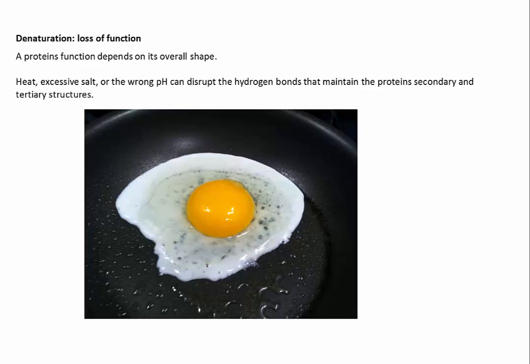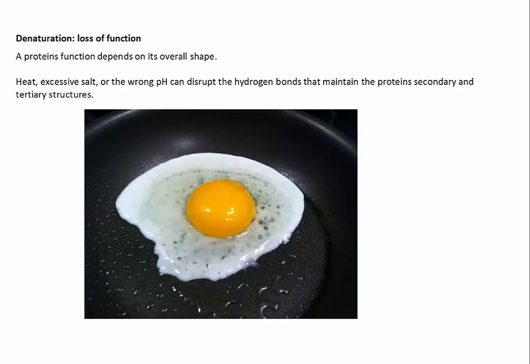A protein's function depends on its overall shape. So this is another example of structure relating to function in biology. Proteins are therefore vulnerable to conditions that alter their shape, because then that protein will no longer work.